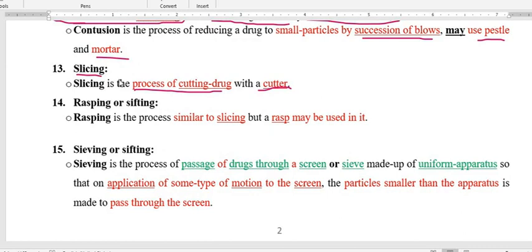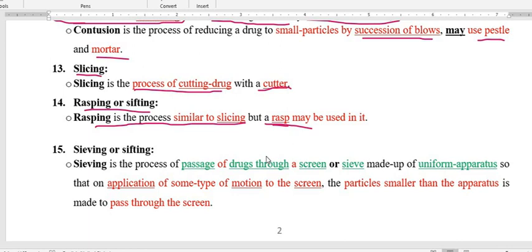In addition, if there is a cutter which has a rasp, then the process is called rasping. Rasp means a rough surface for rubbing.